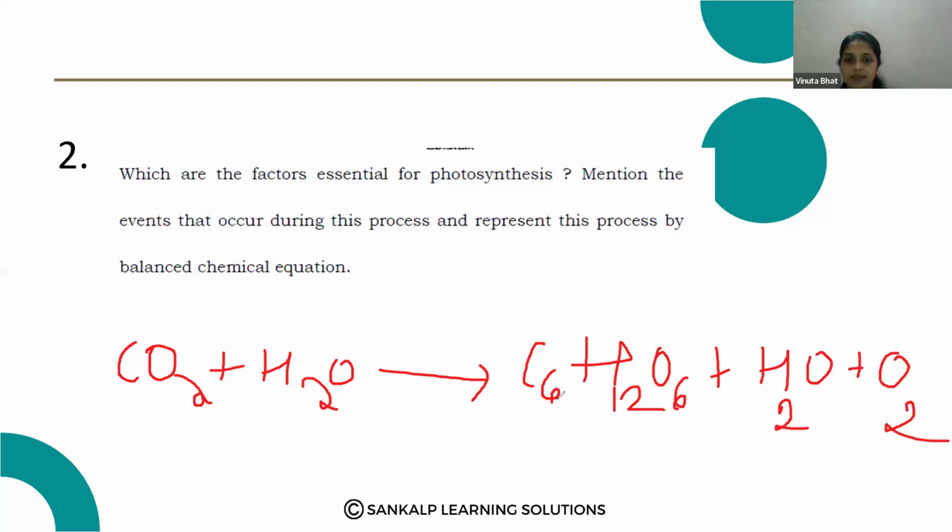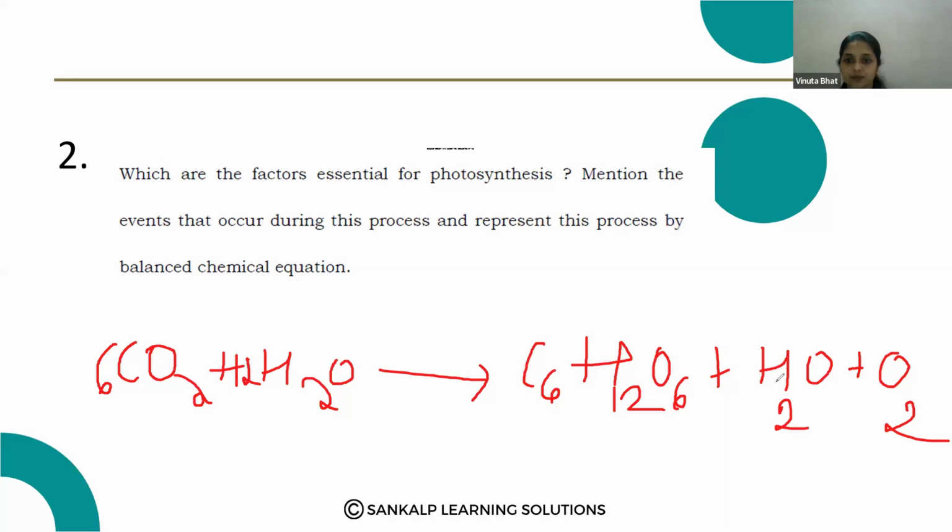Here 6 carbon atoms are there, so 6 CO2, and for 12 hydrogen, plus oxygen, I will add 12 H2O.